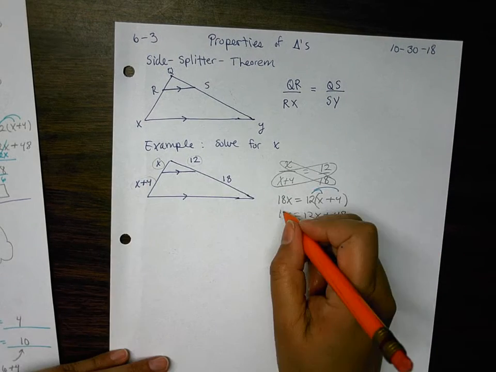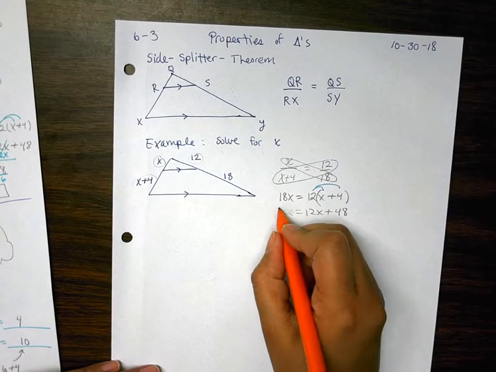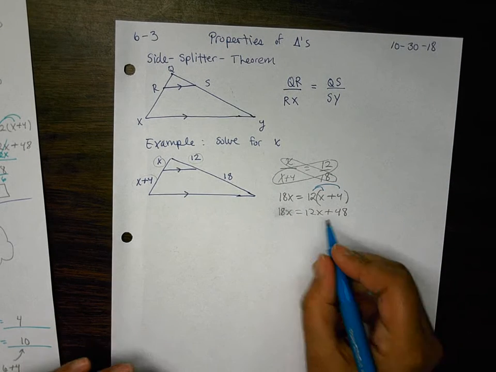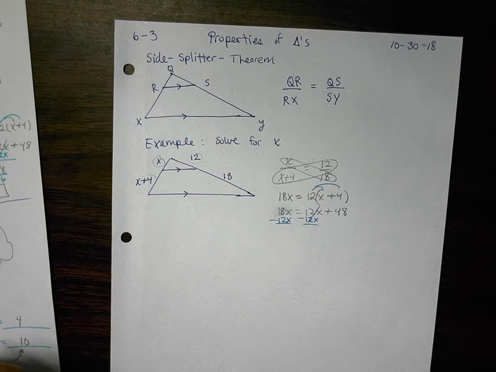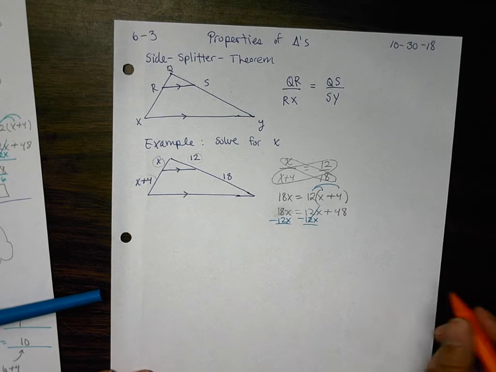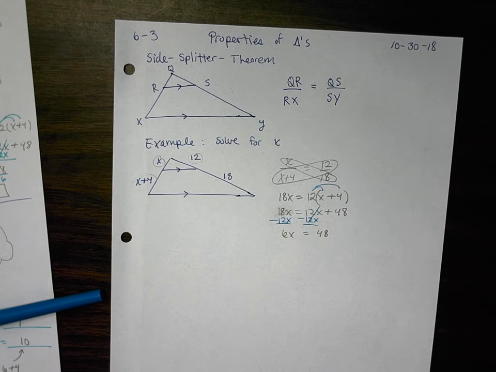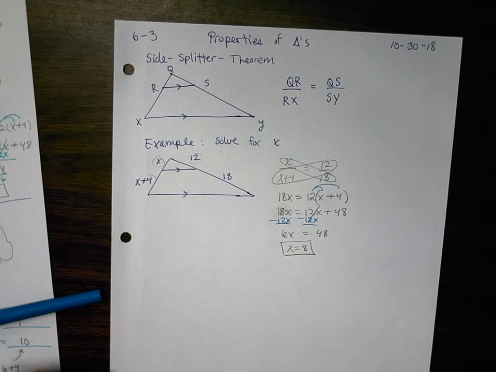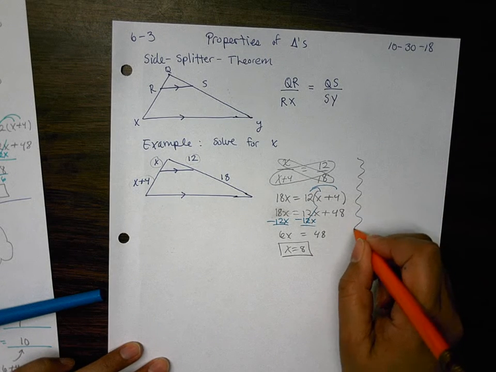Subtract your 12X and divide. Can you guys please stop the distractions? Okay, finish off. Divide. What do you get as your final answer? X equals 8. Questions?